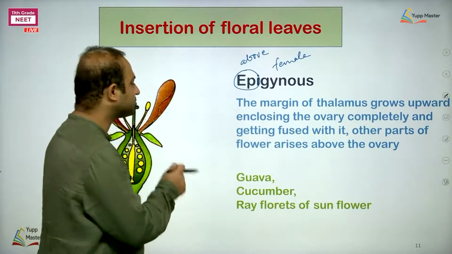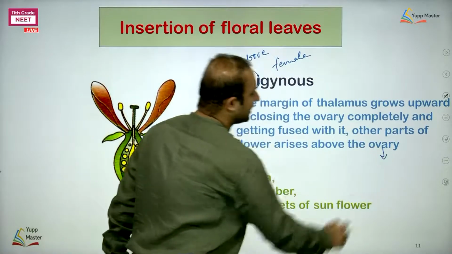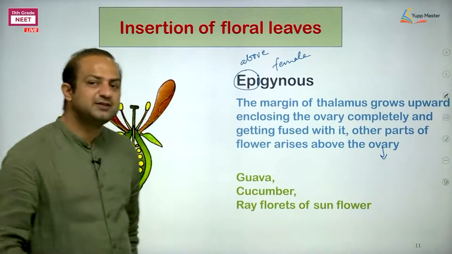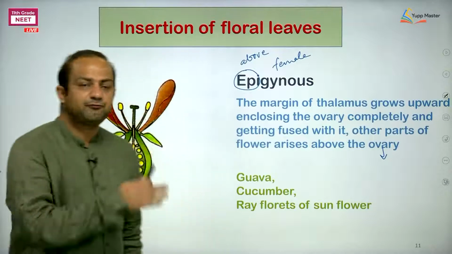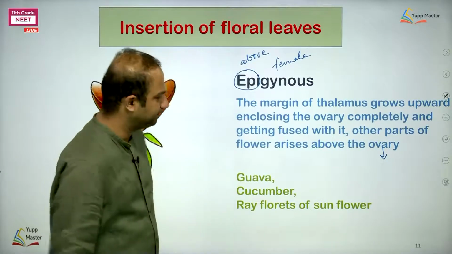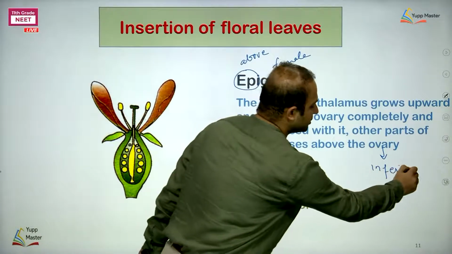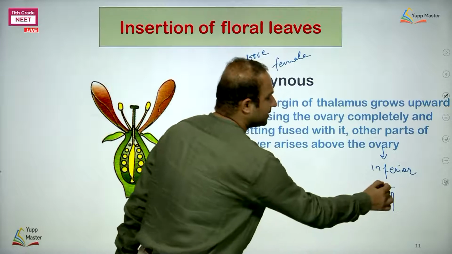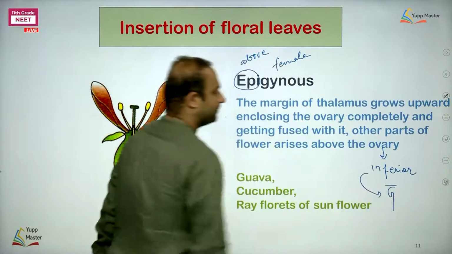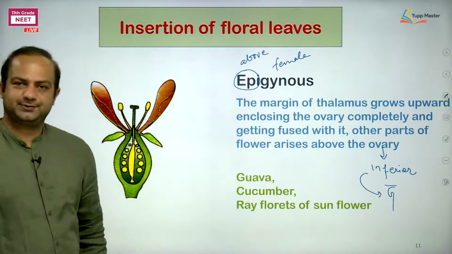The other parts of the flower arise above the ovary. Now such an ovary should be considered, if the ovary was above we said it superior, here the rest of the floral members are superior, so the ovary must be inferior in that case. So here the symbol will be G with the line above it. This one. Okay, this is epigynous.